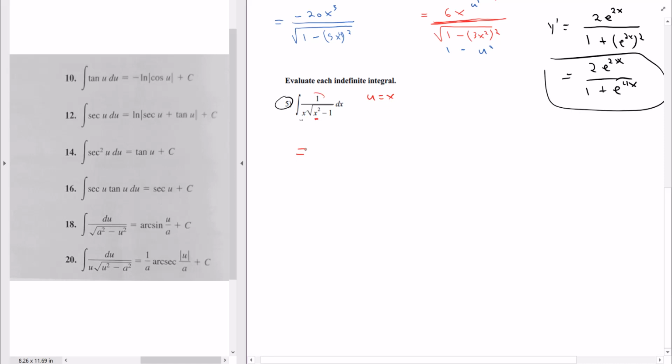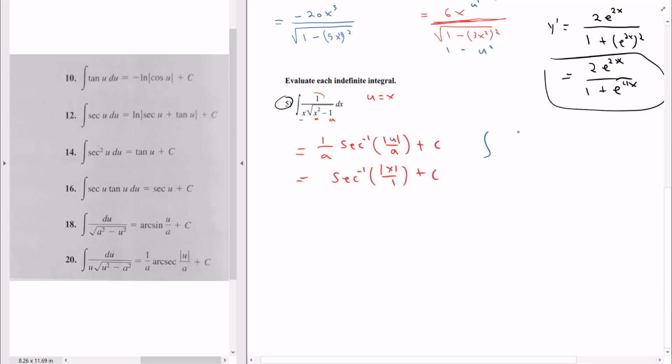So basically this is just going to go to 1 over a, where a is this number, times secant inverse of the absolute value of u over a plus c. In this case a is 1, so it's going to be 1 over 1 times secant inverse of the absolute value of x over 1 plus c. And so that would be the answer to that integral. Okay, so let's look at other ones.